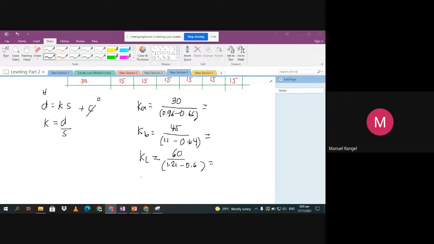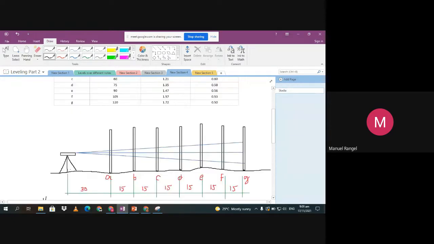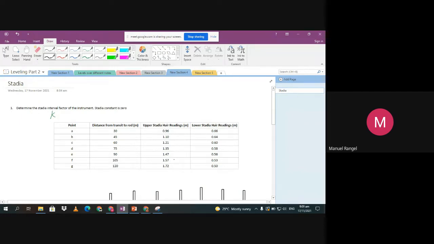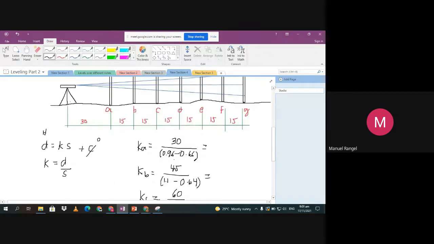Then KD is 60 plus 15, 75. 1.35 minus 0.58.